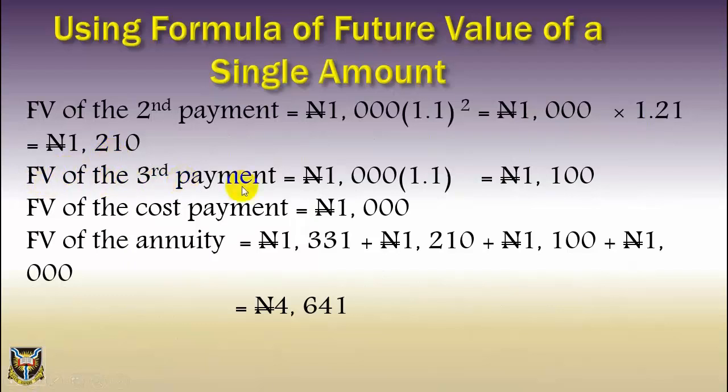FV of the third payment is equal to 1,000 naira into 1.1, which is equal to 1,100 naira. FV of the last payment is equal to 1,000 naira.